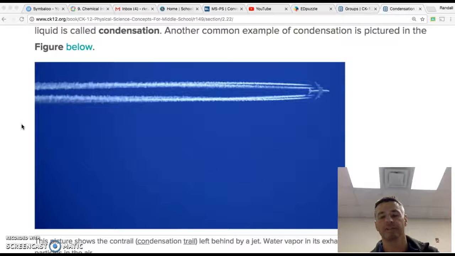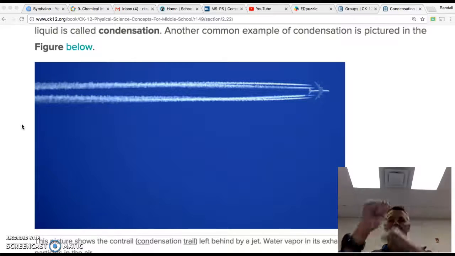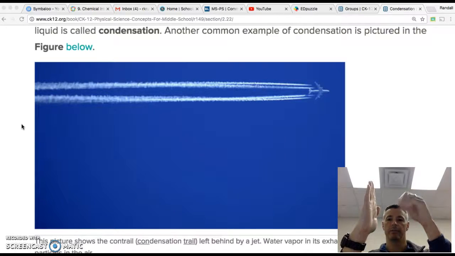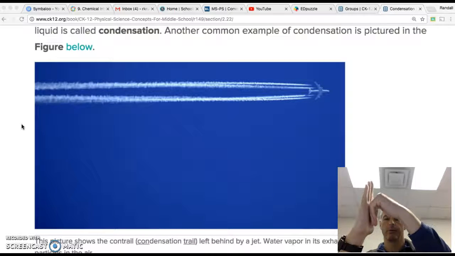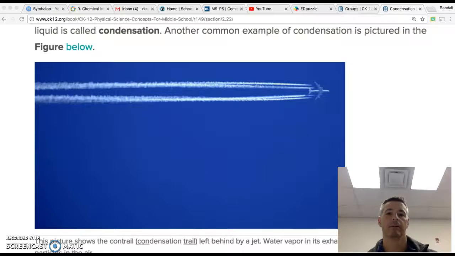So it's actually water vapor that has cooled, just like we had the gas, the water vapor in the air. When it touched the colder spider web, it condenses and turns into a liquid. So what you see, this is called a contrail, condensation trail, contrail.